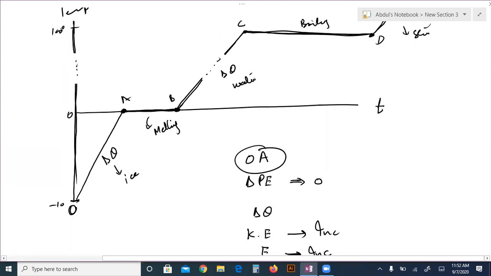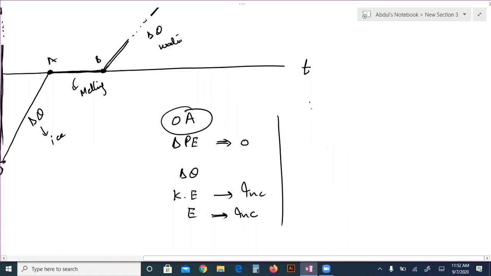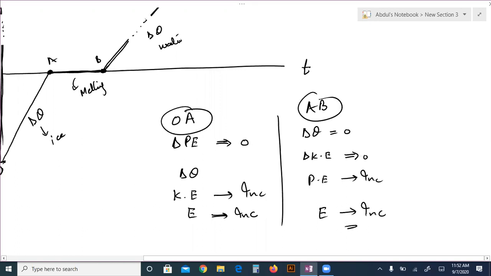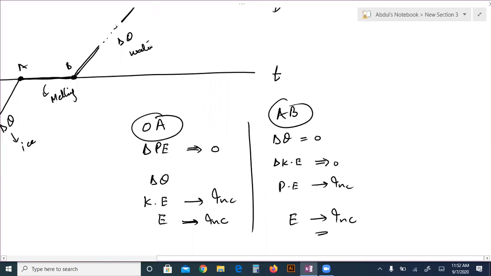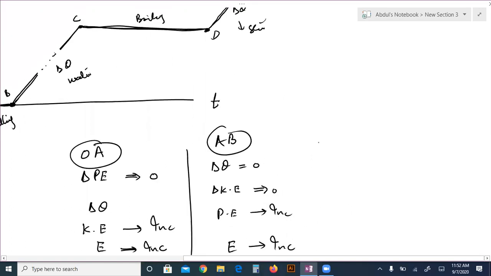And from A to B, temperature change is 0. So change in kinetic energy is 0, but the potential energy increases. Hence, the total internal energy also increases. Now move to BC.